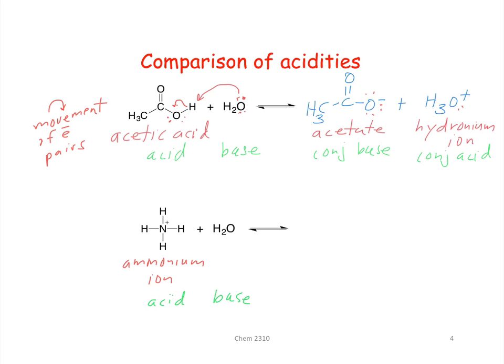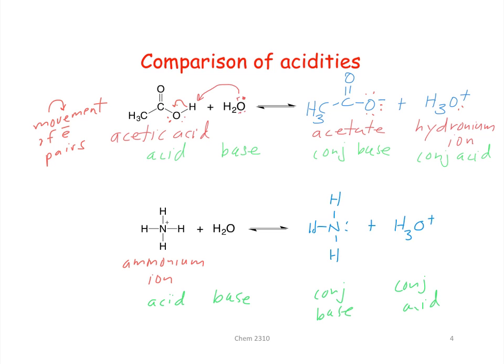And this is going to yield ammonia plus hydronium ion. Okay, so again we have the conjugate base and the conjugate acid.